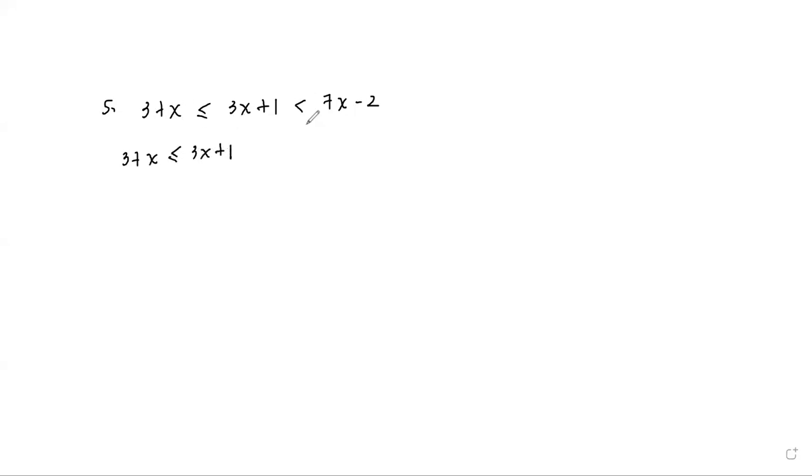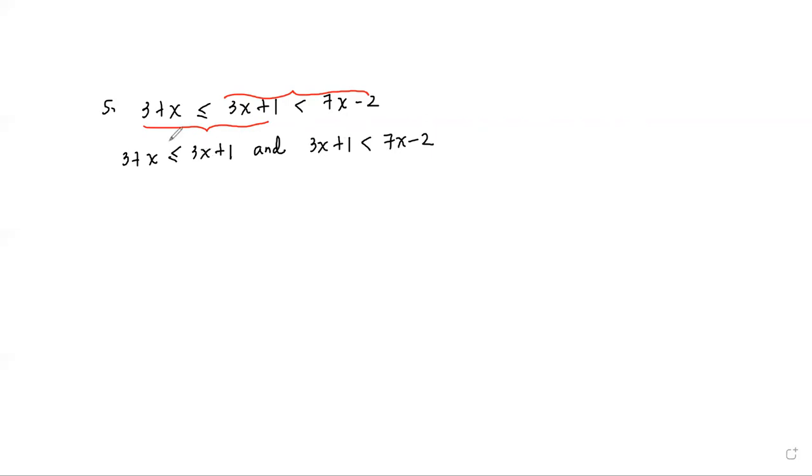And since this is a continuous inequality, we have to use the and symbol. So we have 3x plus 1 is less than 7x minus 2. So what we did was we just split this continuous inequality into 2 separate inequalities and we combine them by the and symbol because we're supposed to get the intersection of these 2 inequalities.